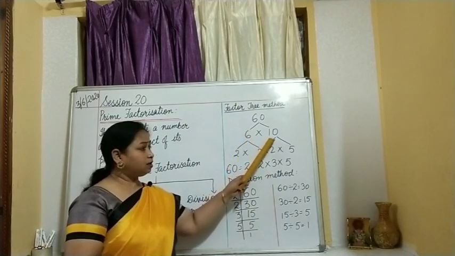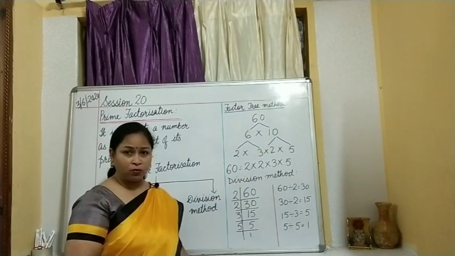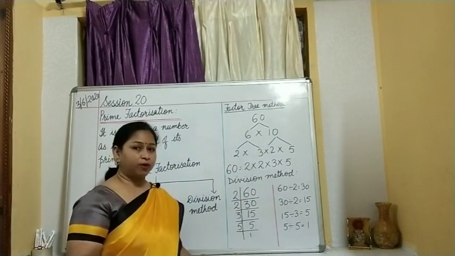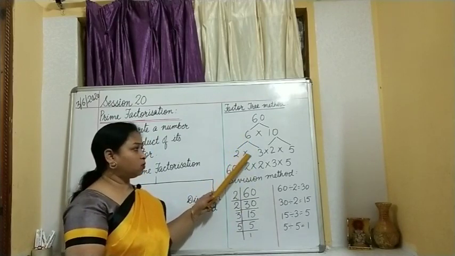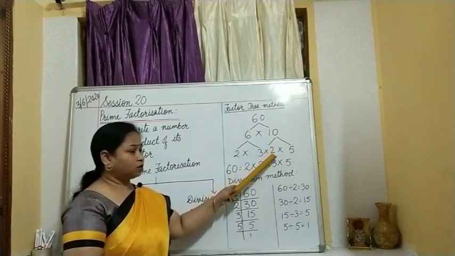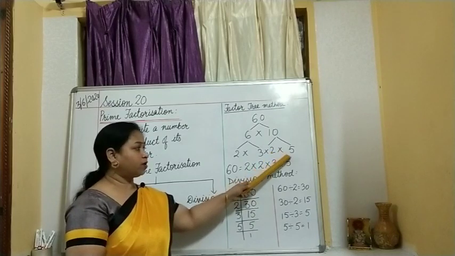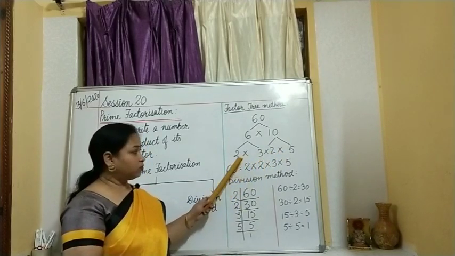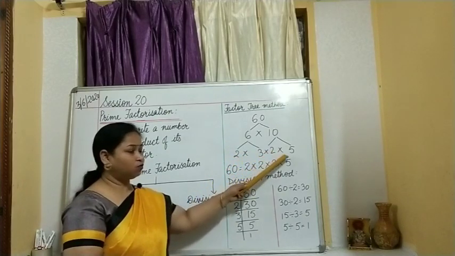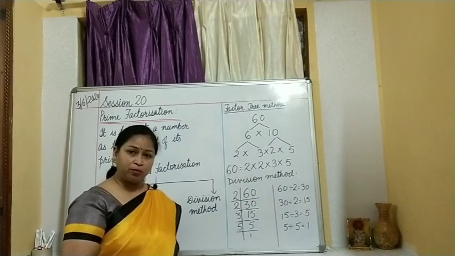But are these prime numbers? No. So we have to divide it again. 6. What are the factors of 6? 2 and 3. 10. What are the factors of 10? 2 and 5. So now just have a look. You can find it out that 2, 3, 2, 5. Are they prime numbers?